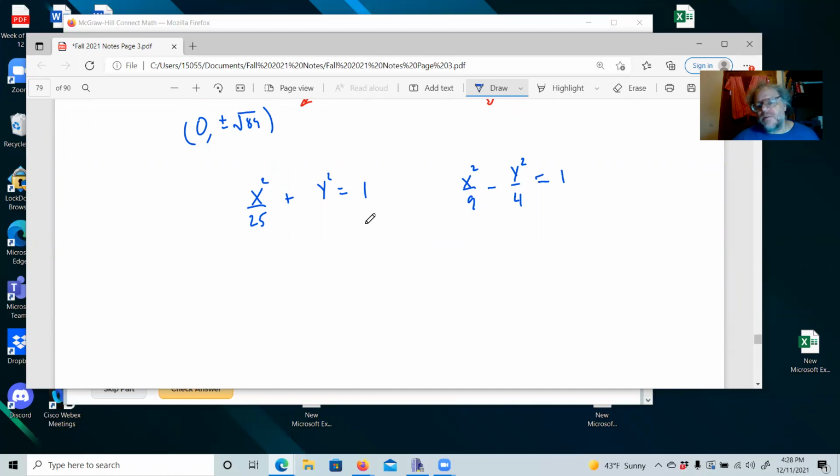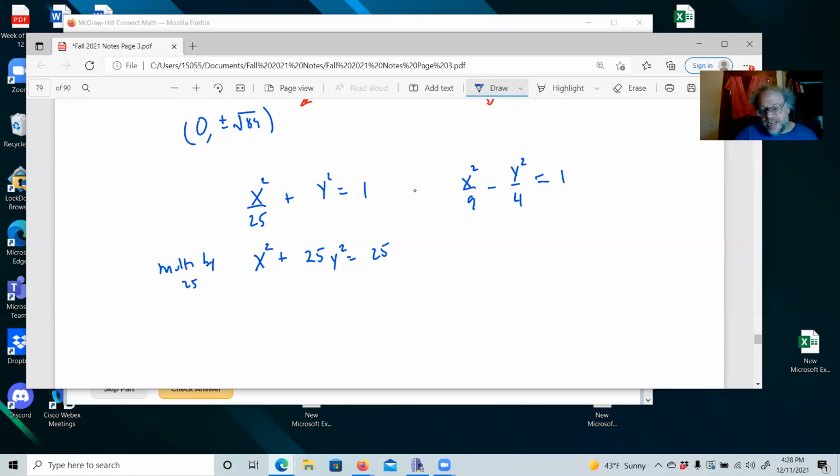First thing I want to do is make them so I don't deal with the fractions. For the first one, I'm going to multiply both sides by 25.